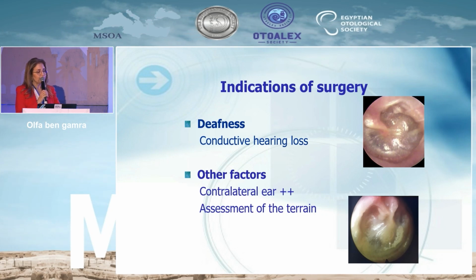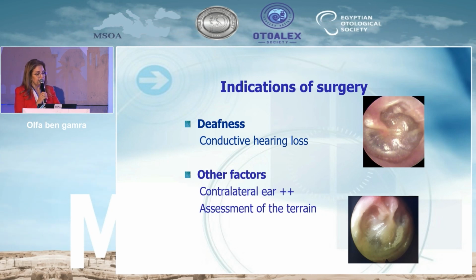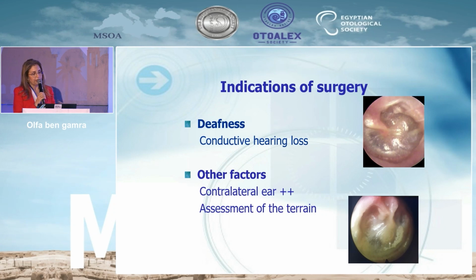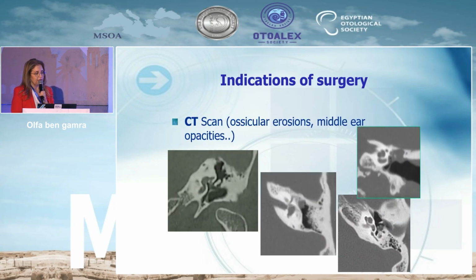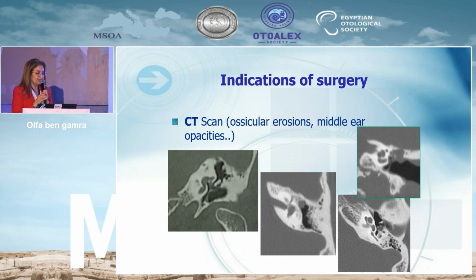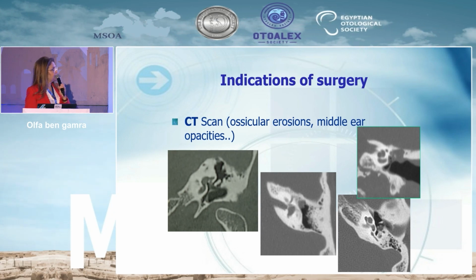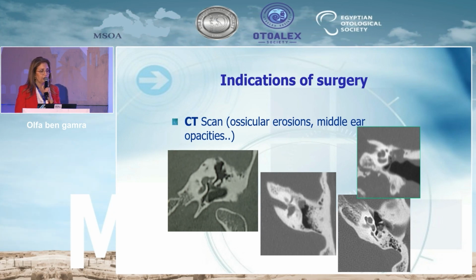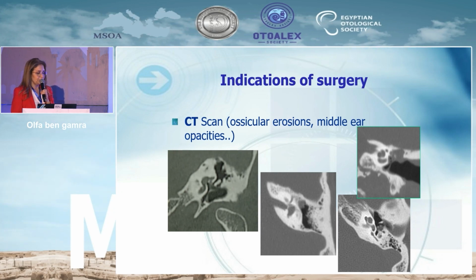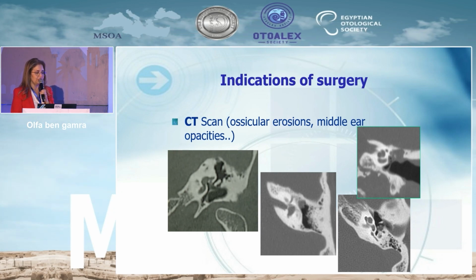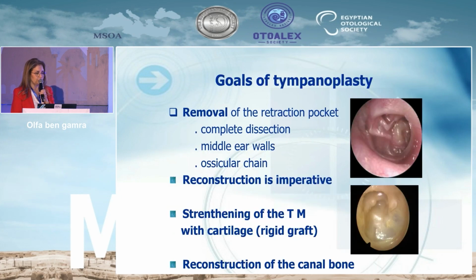The status of the contralateral ear is a key factor in the decision of surgery. And the CT scan can identify ossicular erosions and any suspicious opacities in the middle ear that indicate surgery.